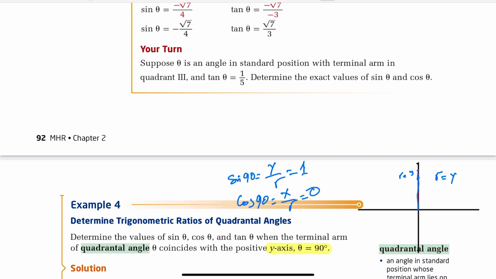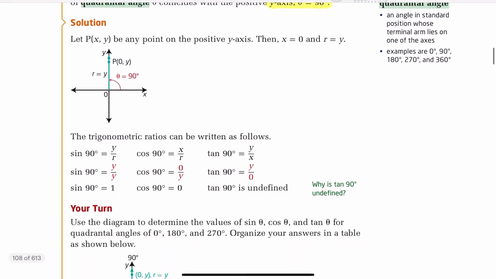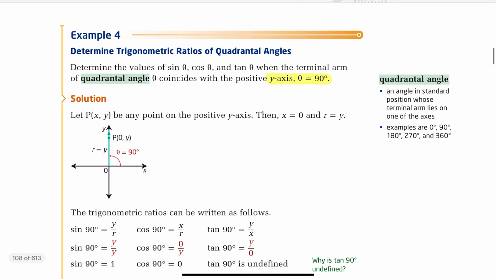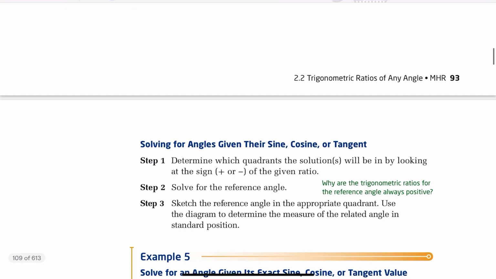Okay, the tan of 90 degrees is 1 over 0, which doesn't make sense, so it is undefined. Good. So you can do the same thing for 180 degrees, or even 270 or 360.